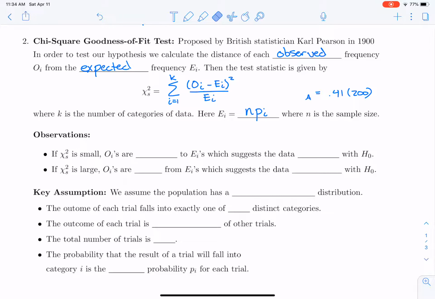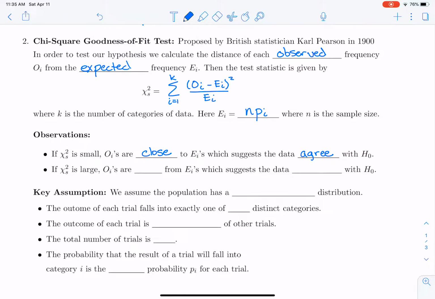Okay. Now, what can we learn from this test statistic? Well, let's make some observations. If chi-squared is small, that would mean that the O sub i's are close to the E sub i's, which suggests that the data agree with the null hypothesis. We're not going to accept the null hypothesis, but if the O sub i's are close to the E sub i's, that would say that it's more likely that the null hypothesis is true.